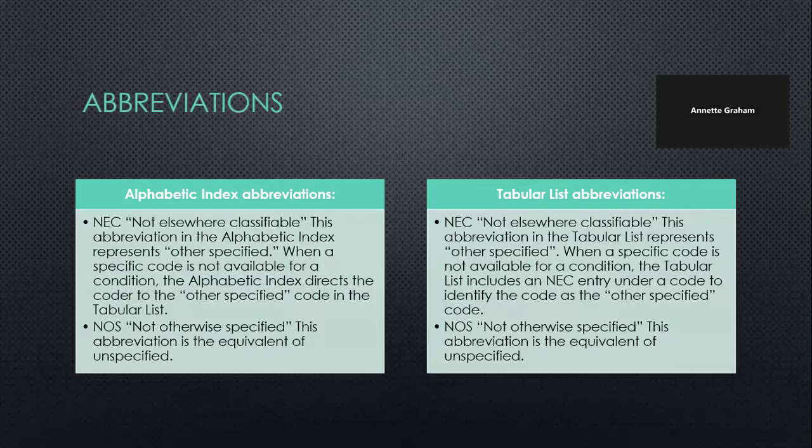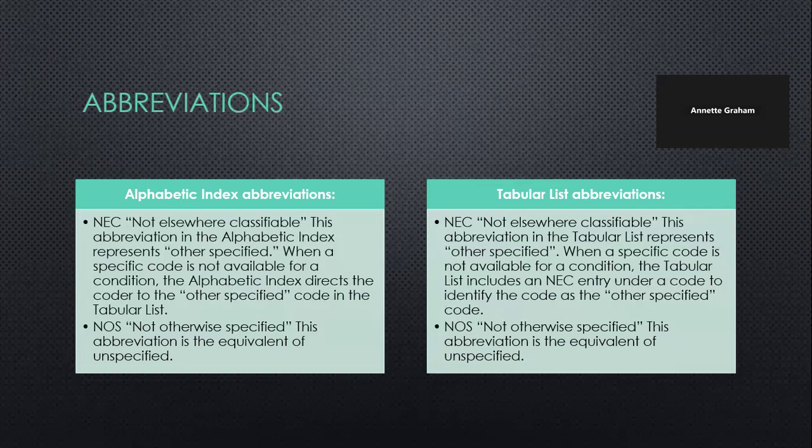Now, we also have NOS, which is not otherwise specified. This is an abbreviation that is equivalent to unspecified. So just remember to correlate: when you see NEC, think other specified. When you see NOS, think unspecified.